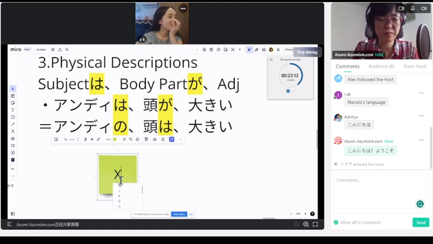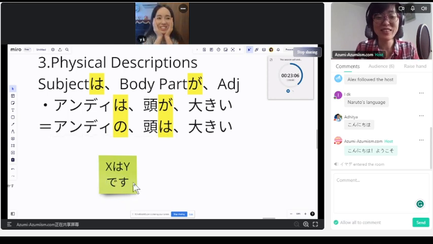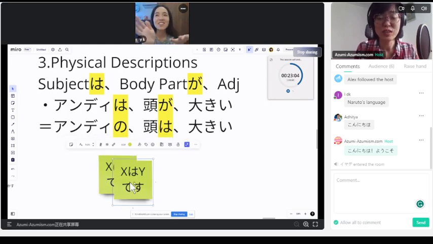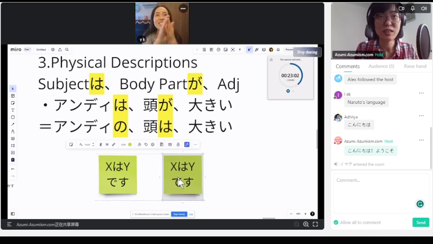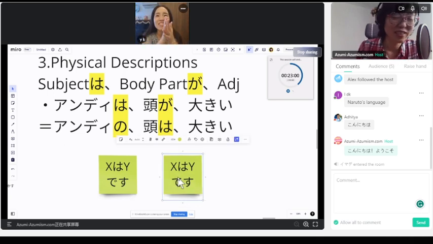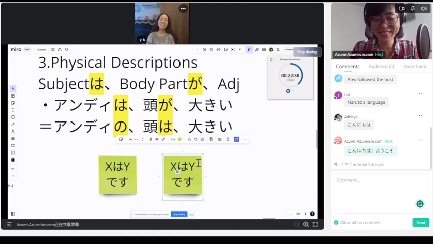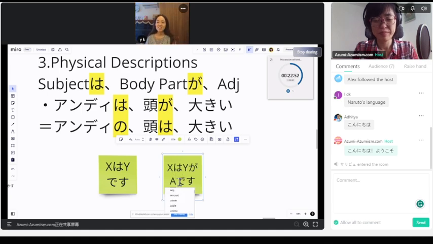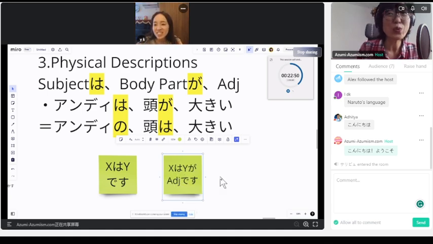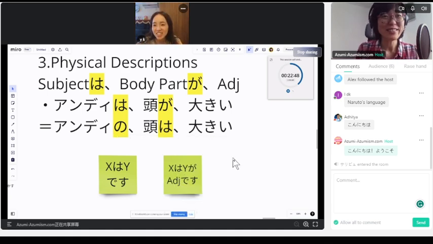They are identical. 同一。全く。Identical. Meaning wise, they are identical. But structure wise, they use different structures.